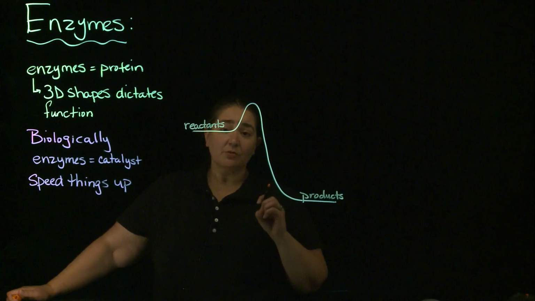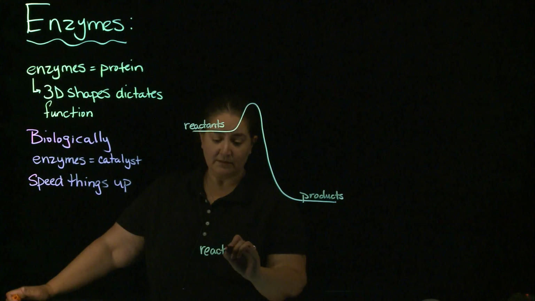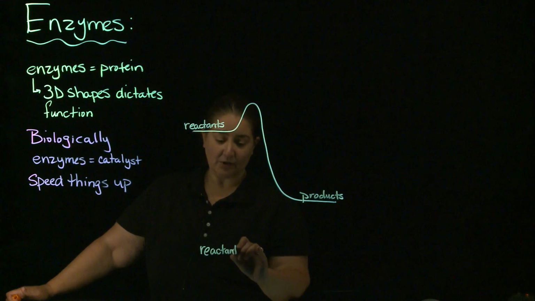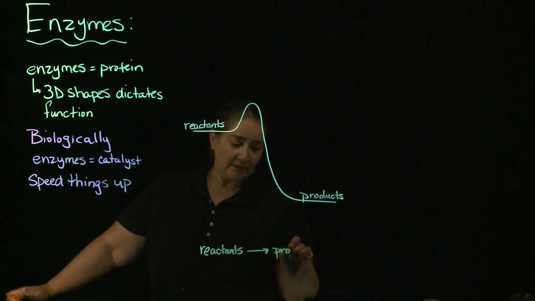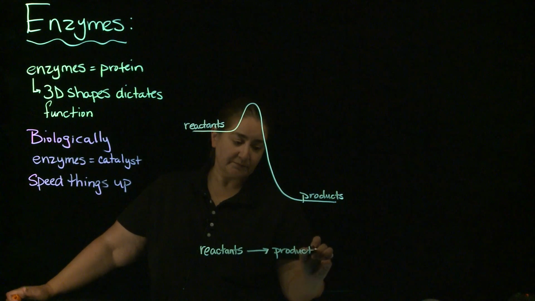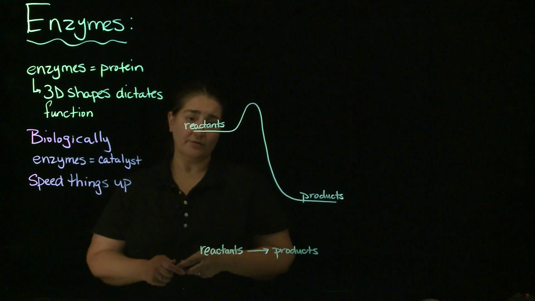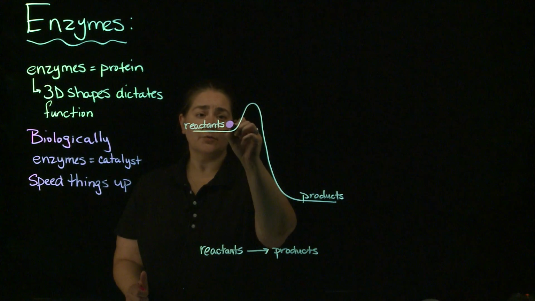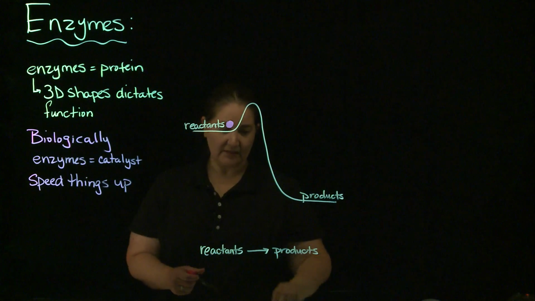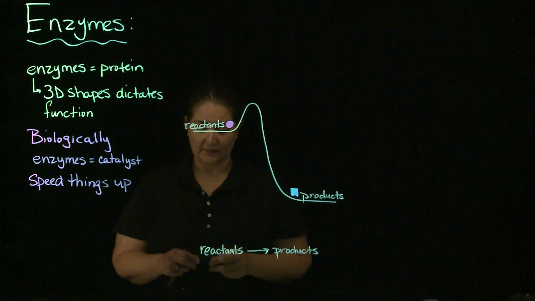And with chemical reactions, remember, reactants, then you've got the arrow, they give you products, okay? In terms of our reactants, we've got something here that we're going to start out with, and then our product, presumably, is going to be something different down here.